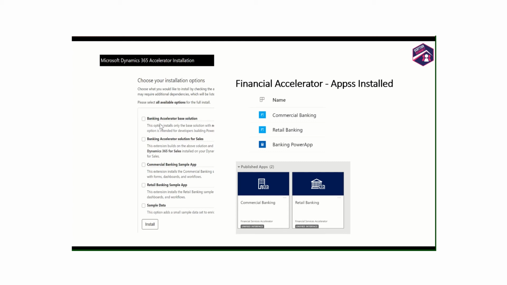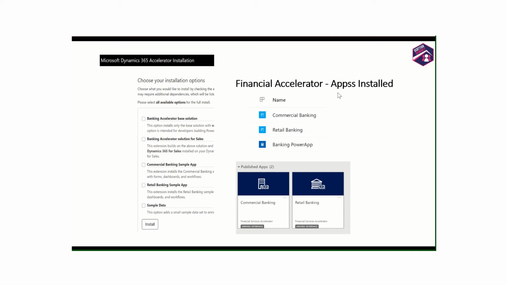If this is the first time that you're looking at an industry accelerator, I would recommend just selecting all of this and getting all that information, all the data, right into your test demo app. And it takes some time. It took me probably half an hour to an hour to get all this set up.